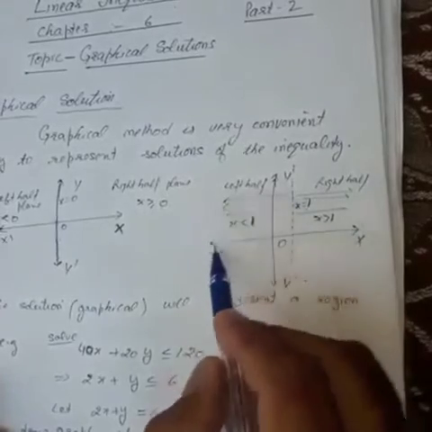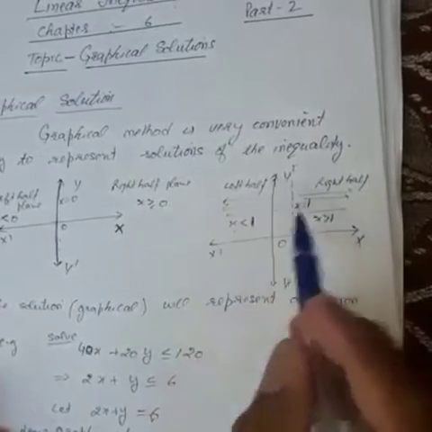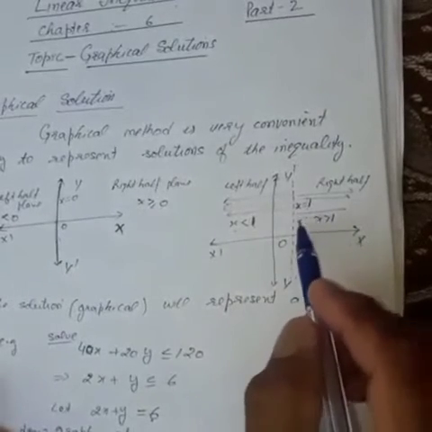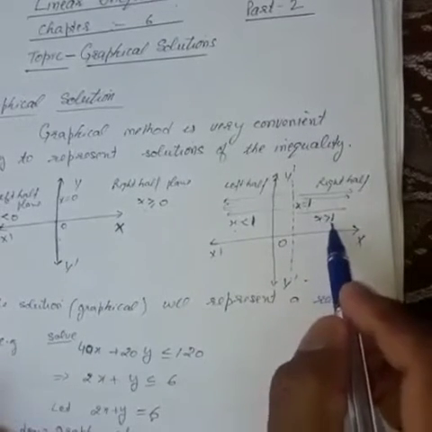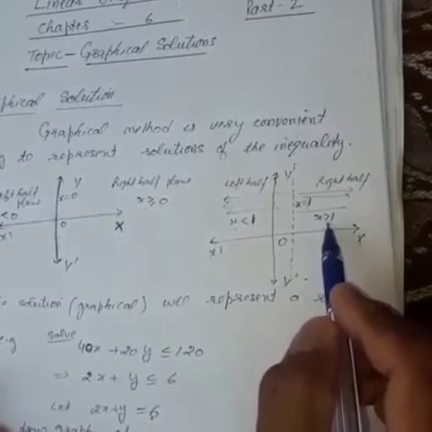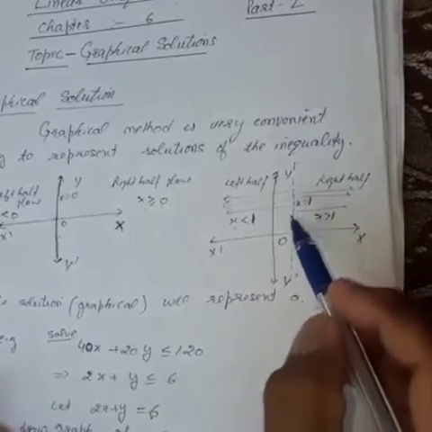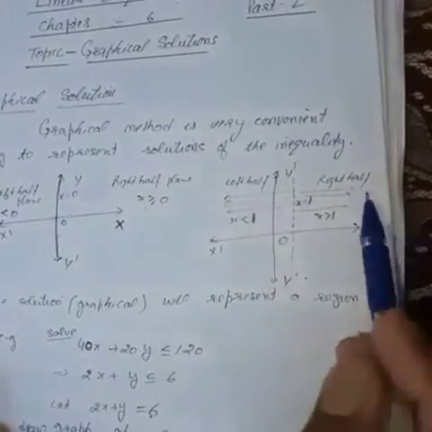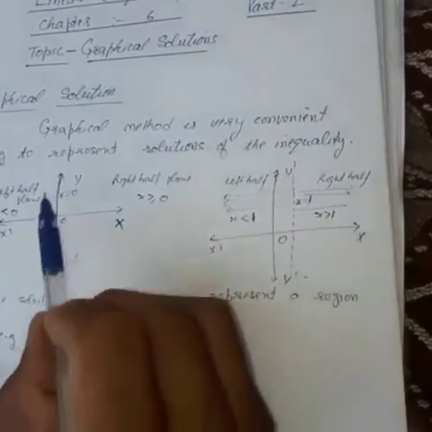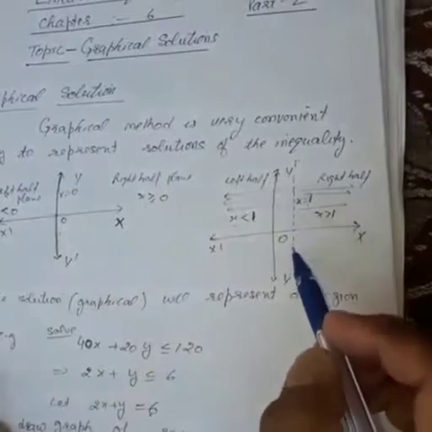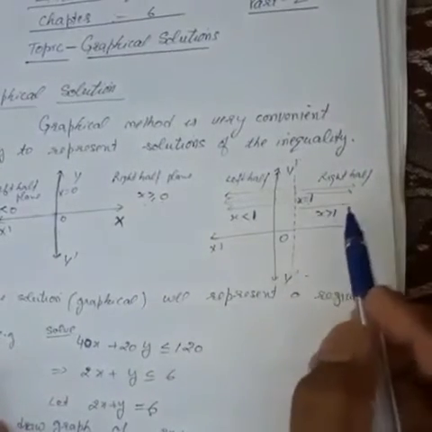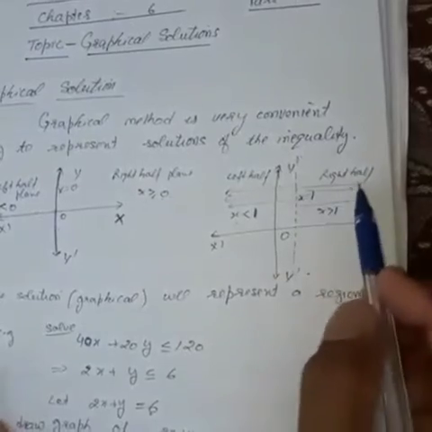So this portion will be the left half plane, and similarly on the right hand side the values are x greater than 1. Again it is greater than, not the equal sign, so it will be a dotted line if it is only greater than or only less than. If greater than or equal to, then a dark line will be drawn. So this is a dotted line, it means the value will not be on the line, it will be on the right hand side. This is called the right half plane.